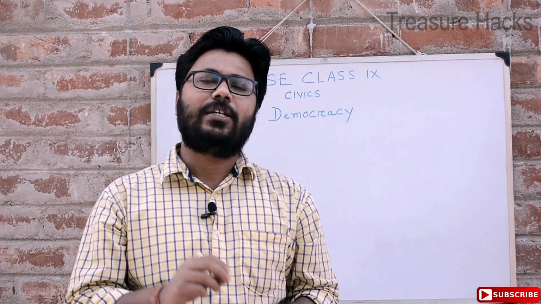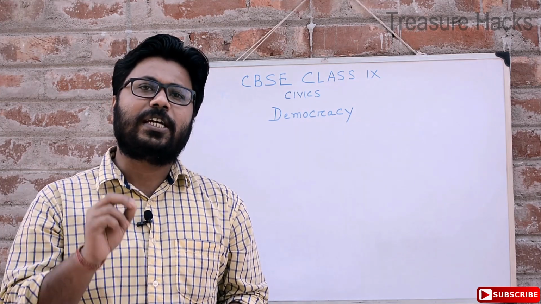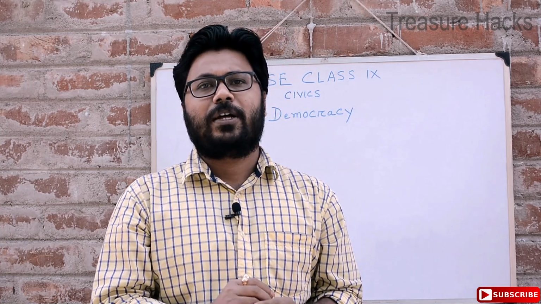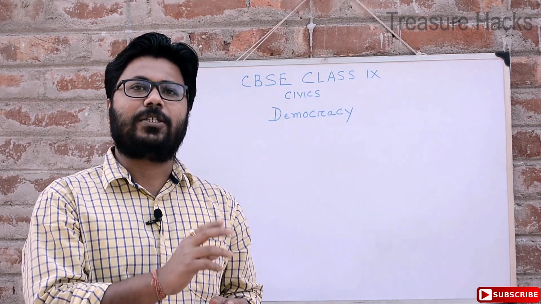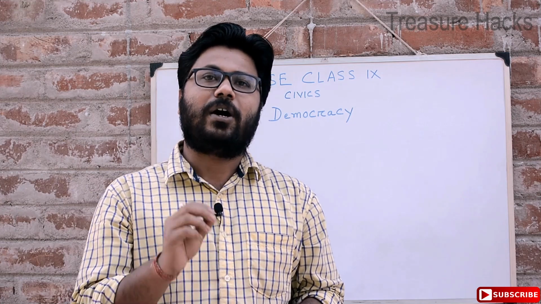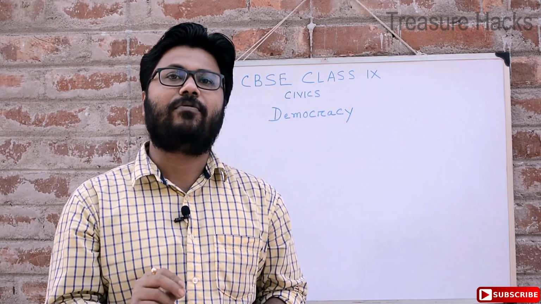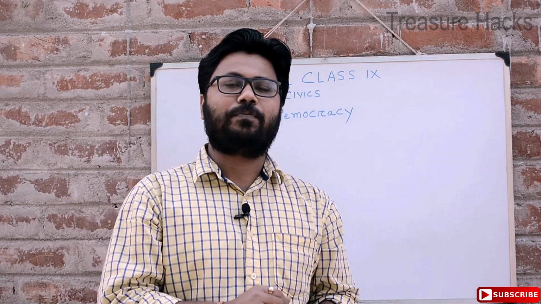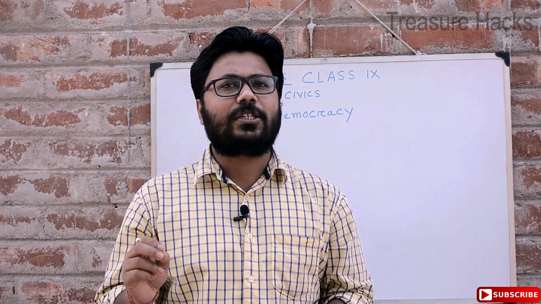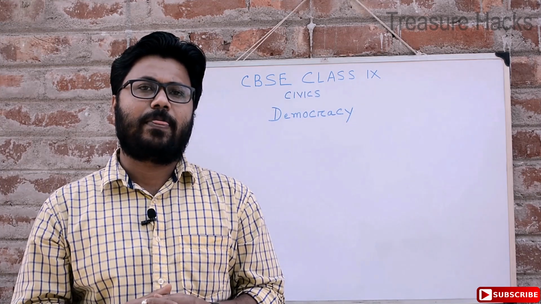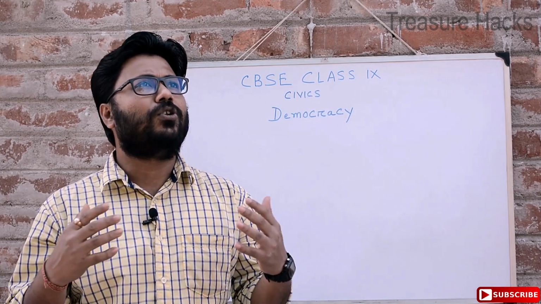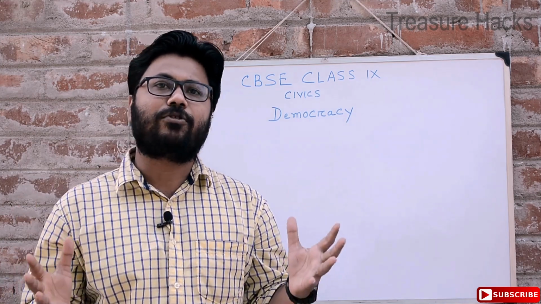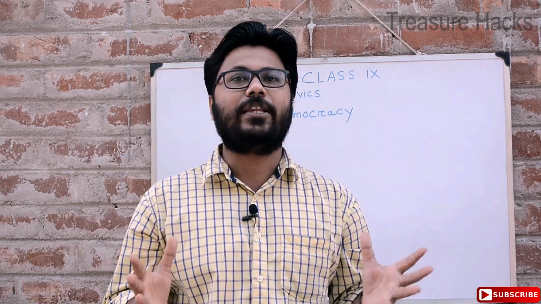Number three, in democracy, the rulers get elected by the people through vote. So the political party may resort to some unfair practices or unfair means to win in elections. Number four, democratic government may not know the interests of all the people in a vast country, in a diverse country like India.